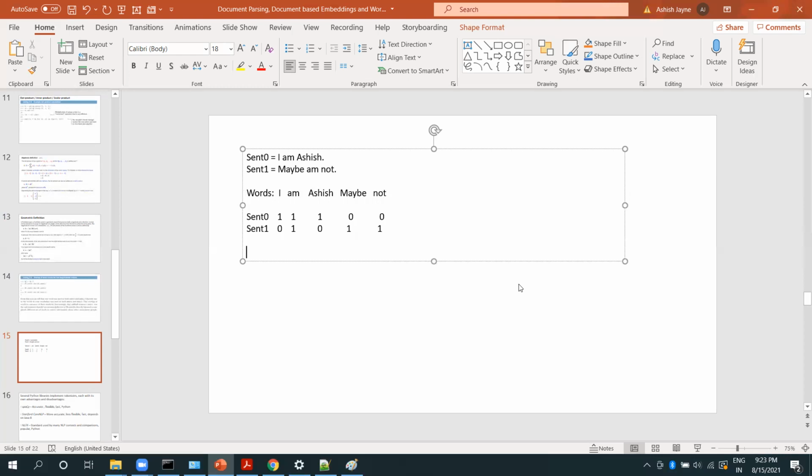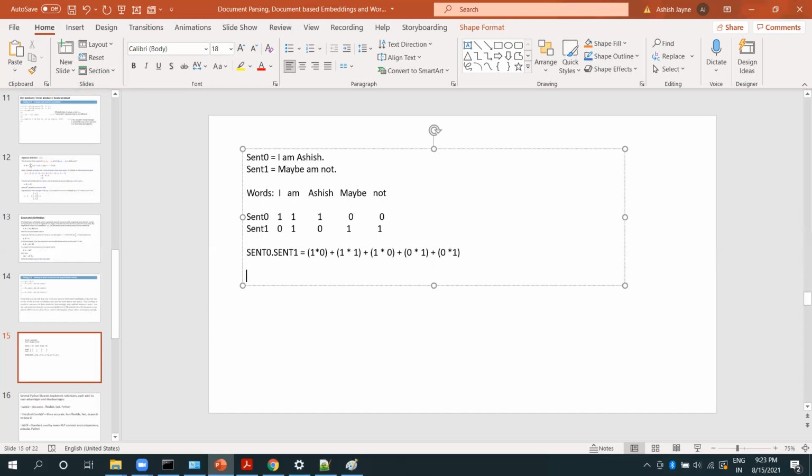Now when we take the dot product of sent 0 and sent 1, as per the definition of vectors, we multiply this number by this number. So 1 times 0, plus 1 times 1, plus 1 times 0, plus 0 times 1, plus 0 times 1.